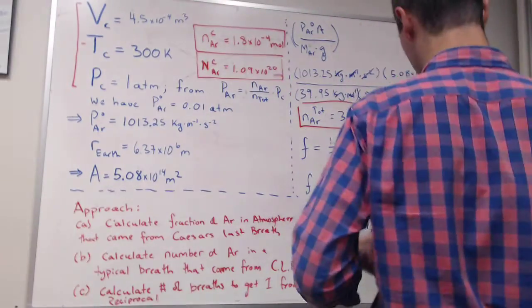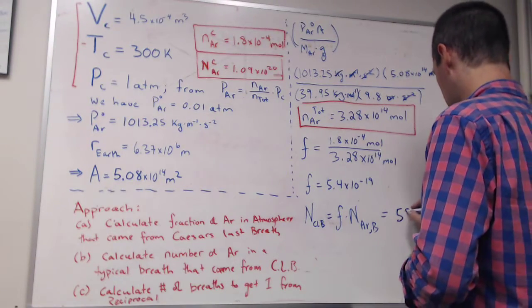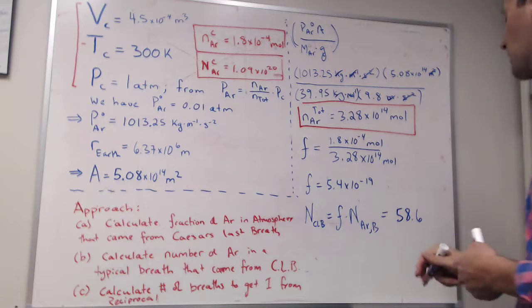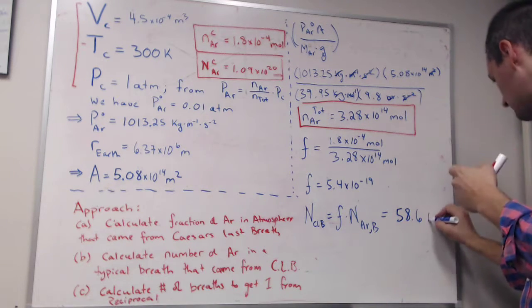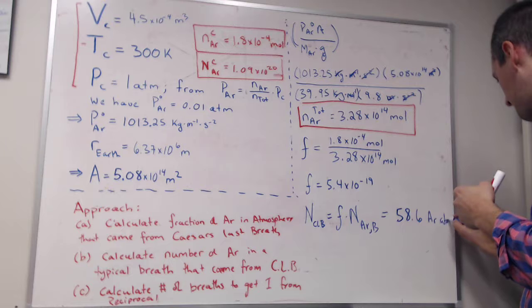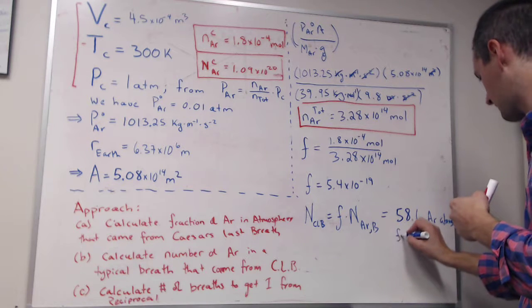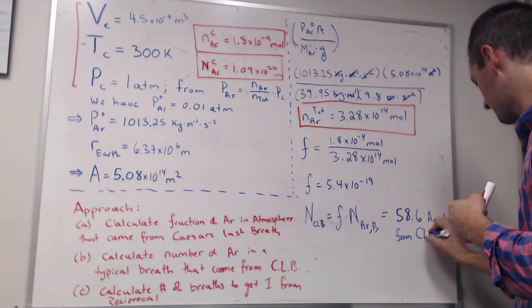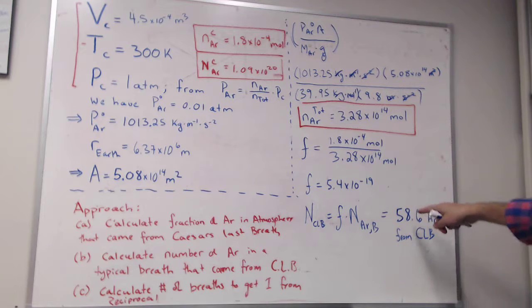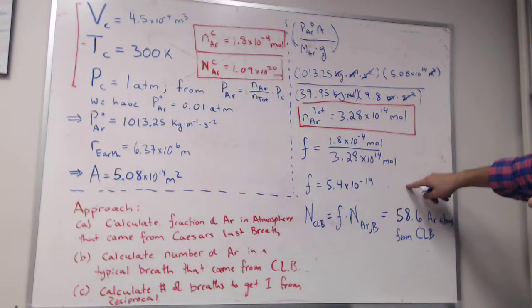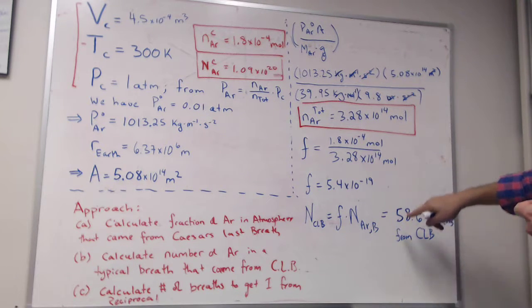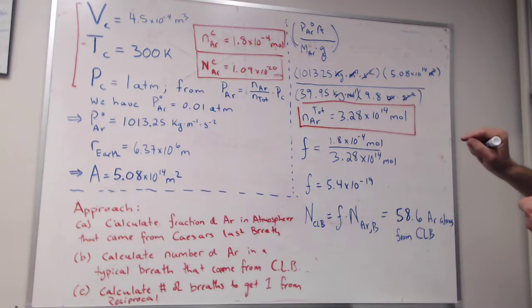Okay, and what I get is 58.6. Okay, so what does this mean? That means every breath, at least under the fraction that we calculated, every breath we take, 58.6 argon atoms actually come from Caesar's last breath.